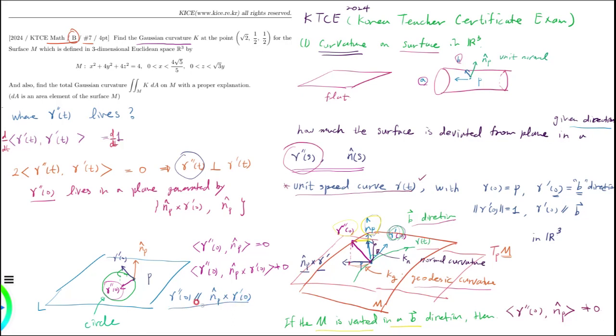So that will give us how this curve makes circular movement on a tangent plane. So this is not relevant to how much the surface is curved, or vented.